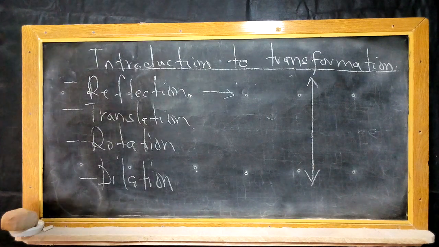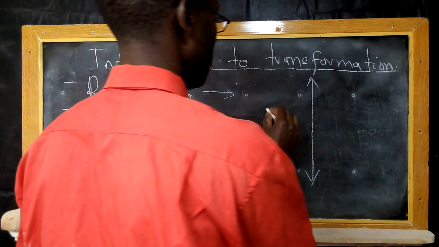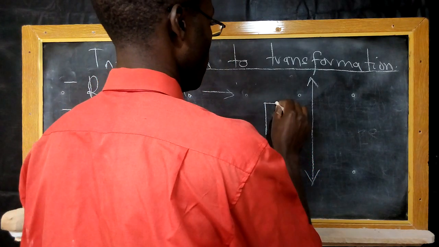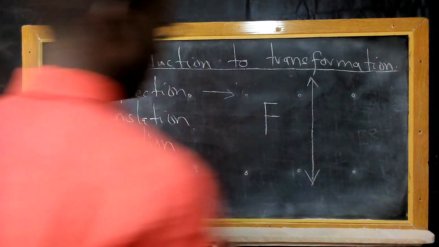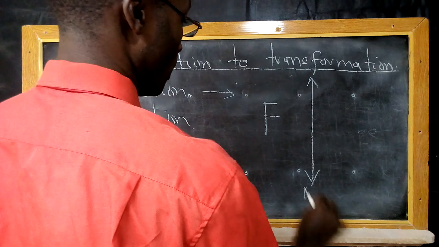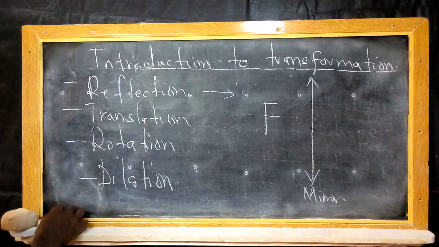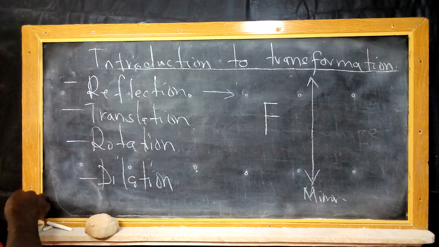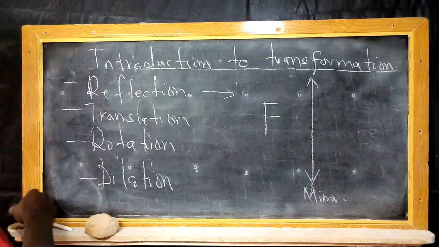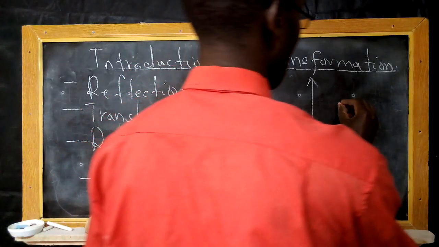Now, for instance, if I have an image here, or just a figure like this, and this is a mirror line that is here, then that image on the other side will appear like this.